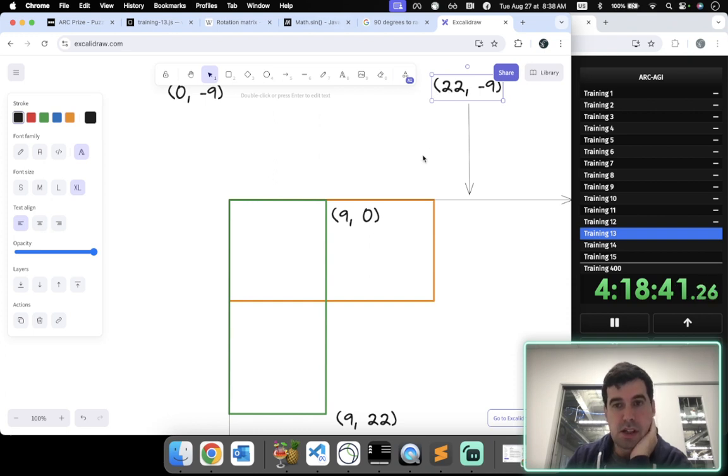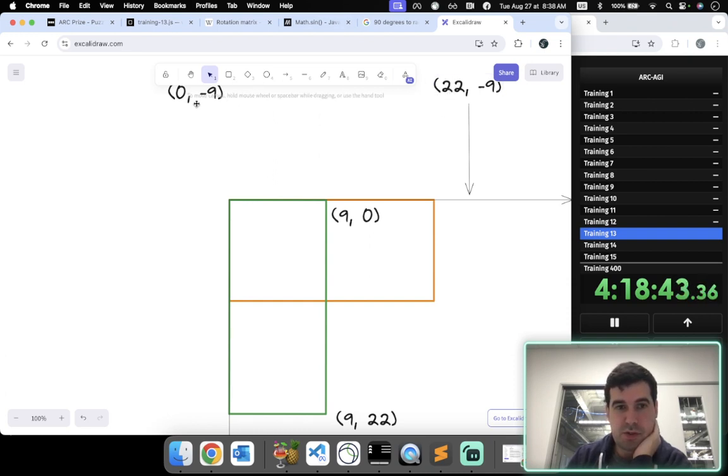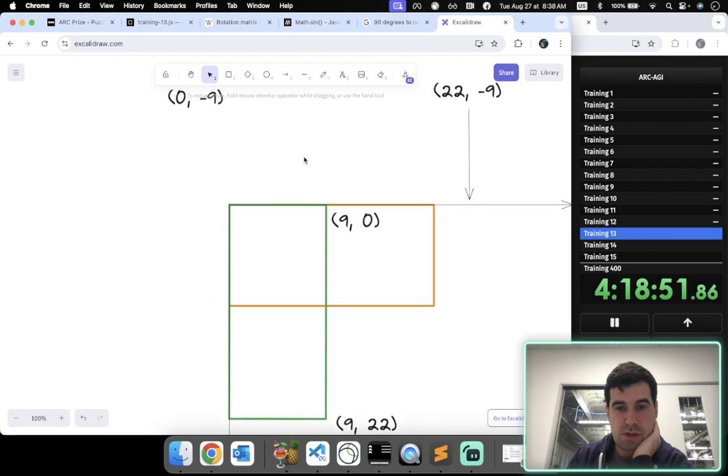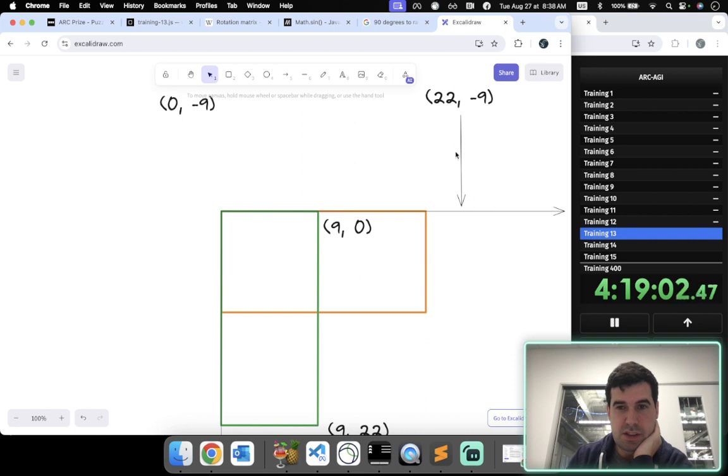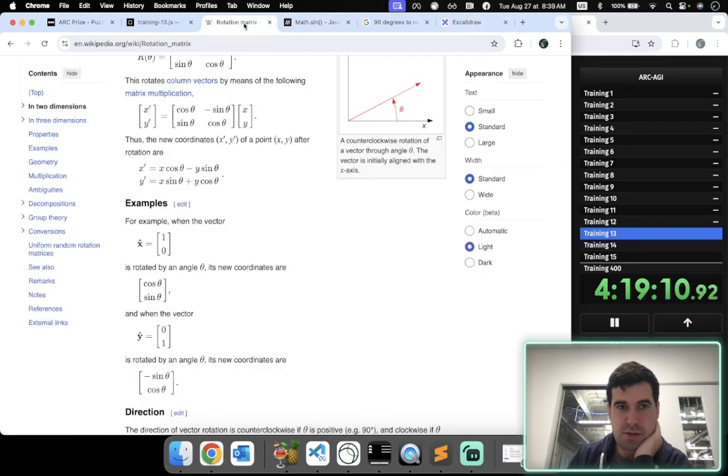If it's plus, yeah. So we say 9, 22 is going to be 22 minus 9. And so I need to shift everything down.